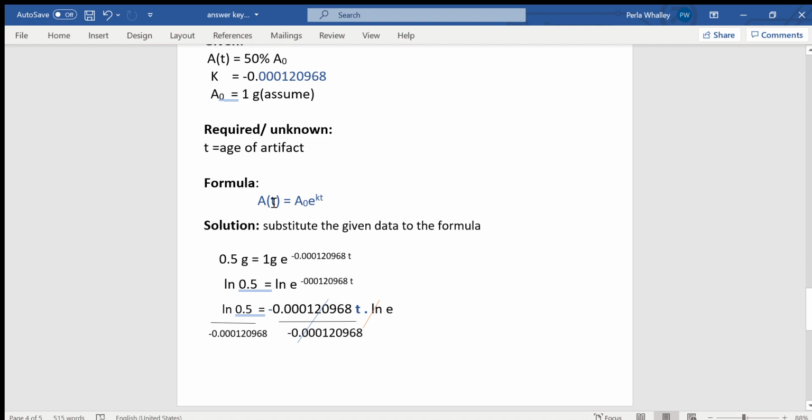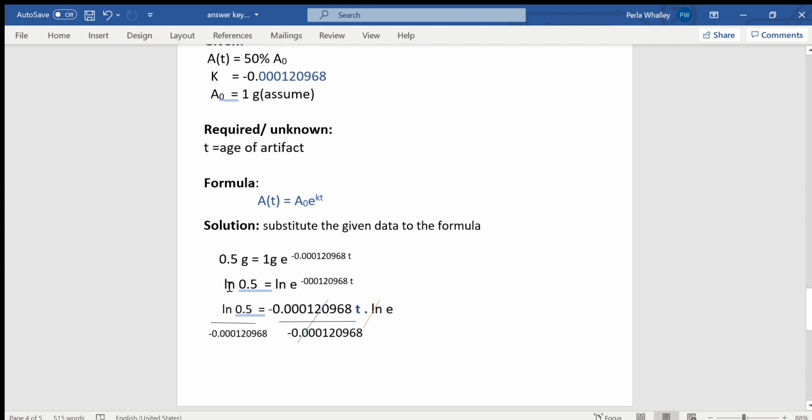So A of t is 50% of 1, which is 0.5 grams, equal to 1 gram times e raised to the decay rate times t, where t is the age of the artifact. Again, we get the natural log of values on both sides of the equation. But before we do that, we cancel the grams, and we do not write the 1 anymore.